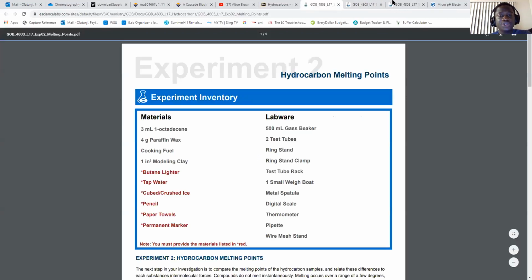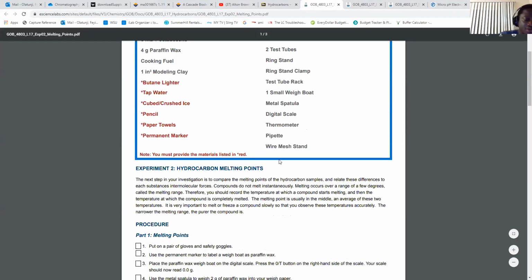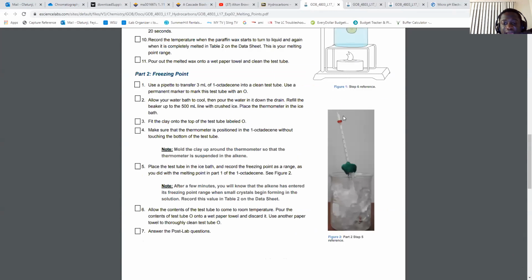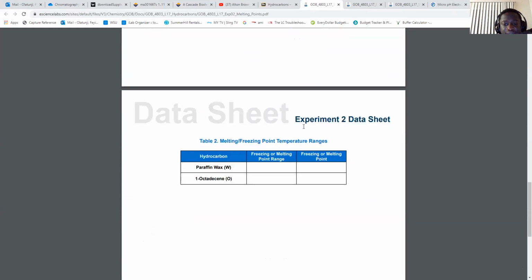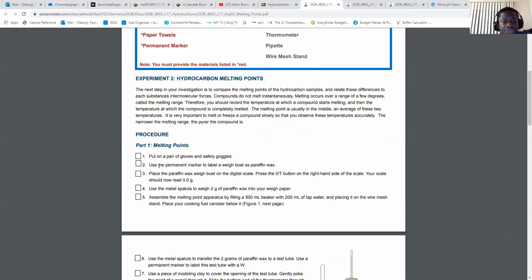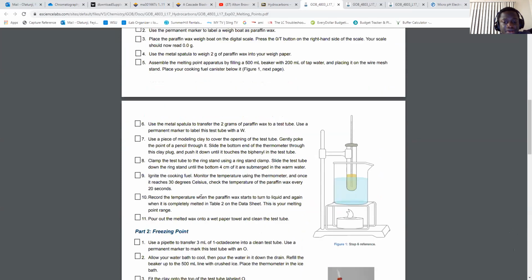For the hydrocarbon melting point, you're going to be determining the melting point and the freezing point of your hydrocarbon. To do that, you just have to follow all the instructions you have written out in here.